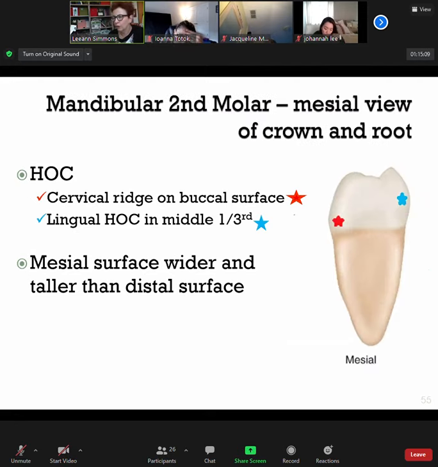Heights of contour. Again, that buccal cervical ridge is shown here with the orange star, and the lingual height of contour is in the middle third. The buccal cervical ridge forms the height of contour on the buccal.